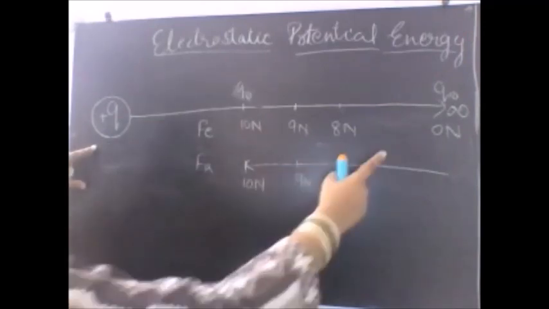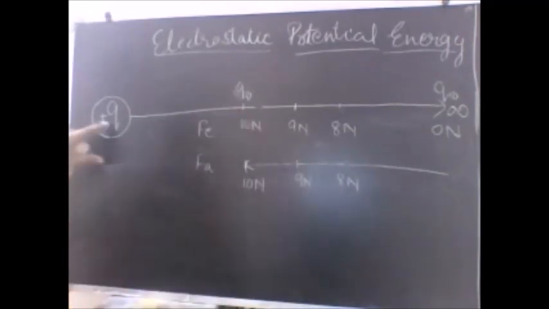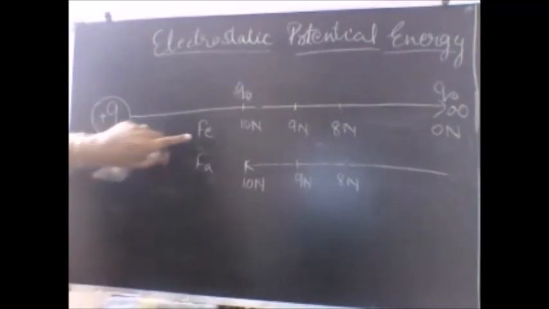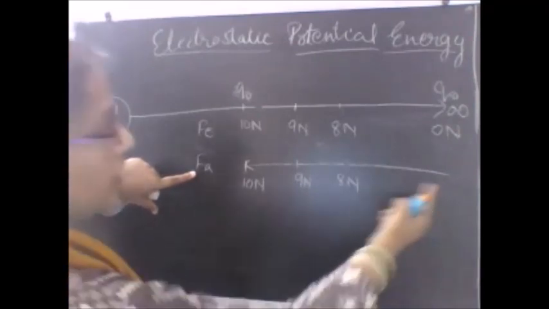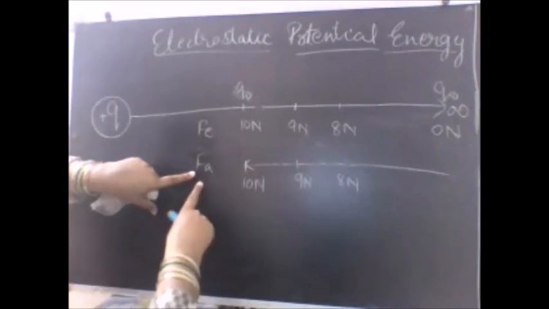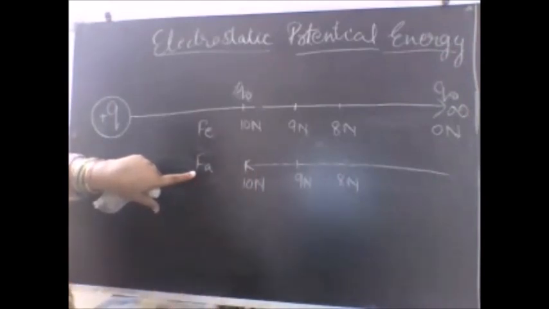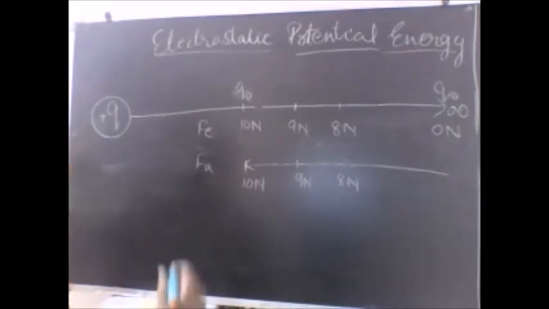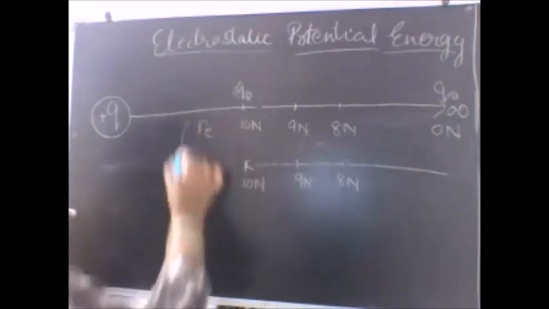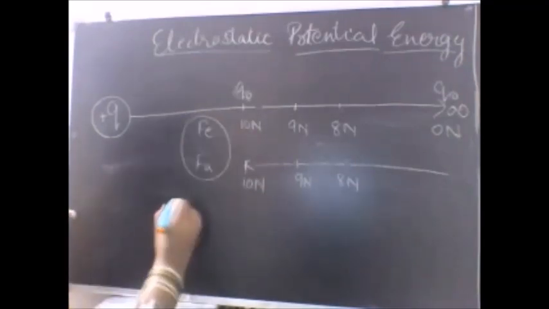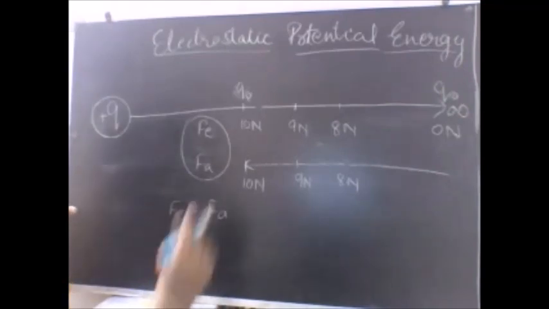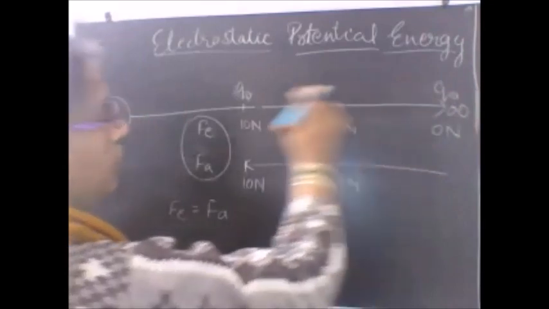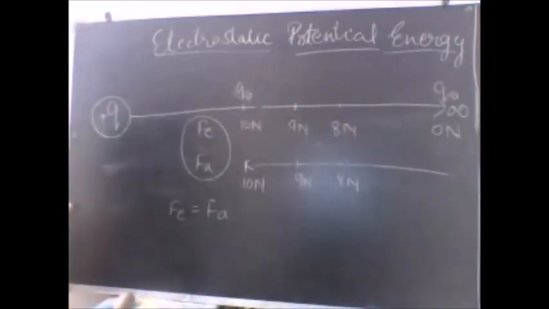The amount of force exerted on the charge Q naught by the source charge should be exactly the same as the applied force. Only then will the charge come back to the original position. Of course the applied force can be more also, but I am taking the minimum value. So one thing is clear from here, the electrostatic force must be the same as the applied force in case I want this charge Q naught to come to the initial position where it started.